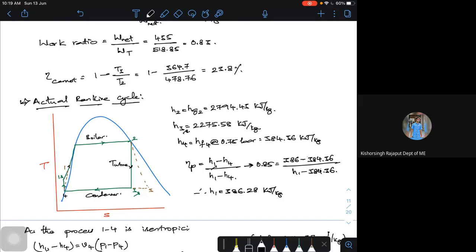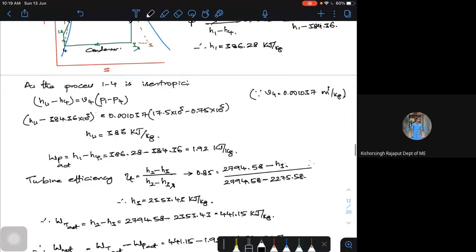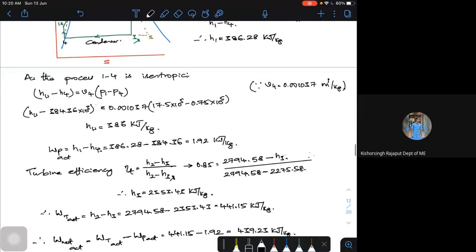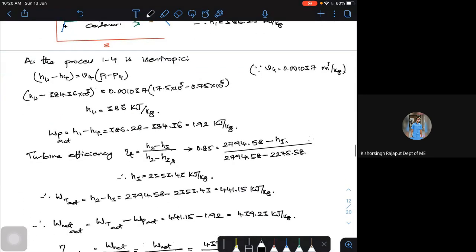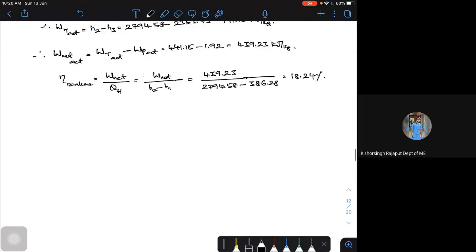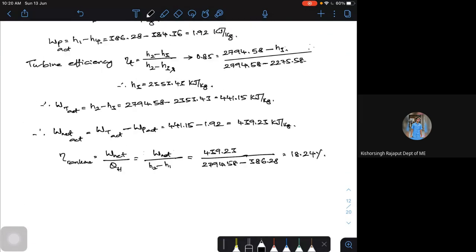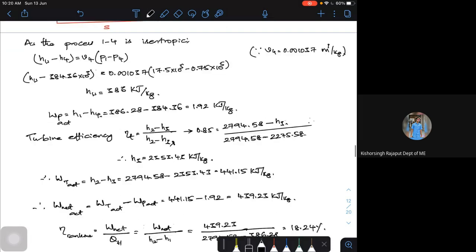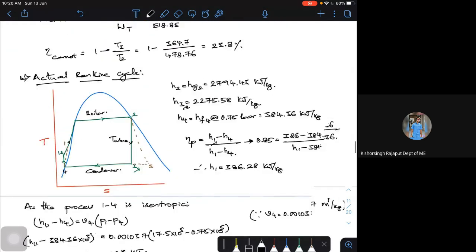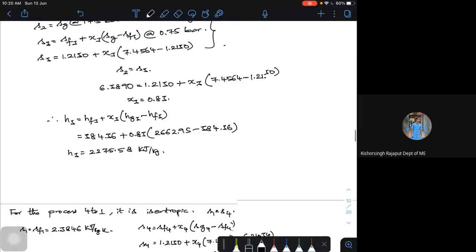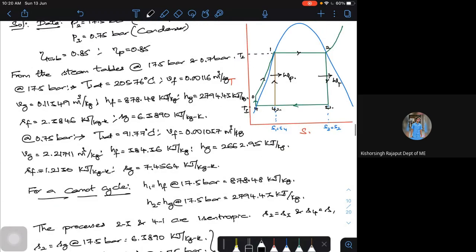Okay. Now, if you closely observe this, the pump work is very, very less in the actual condition. But theoretically, if I go for Carnotization, I'll be able to do more work. When I go for Carnotization, I have to do more work actually.